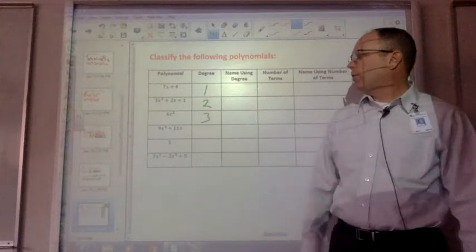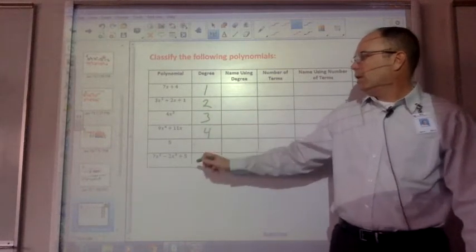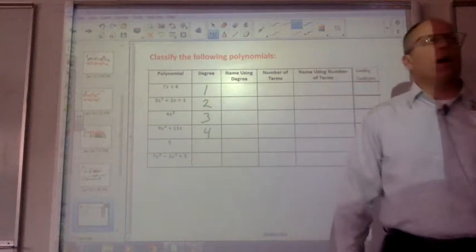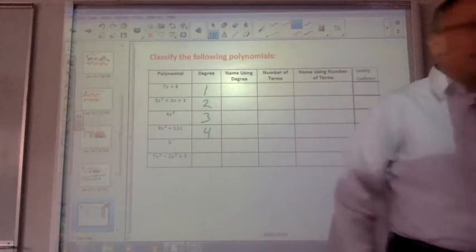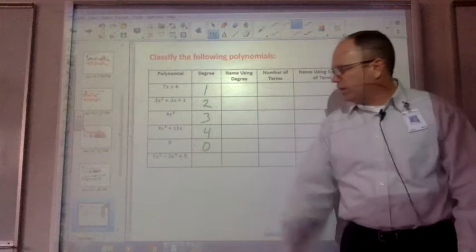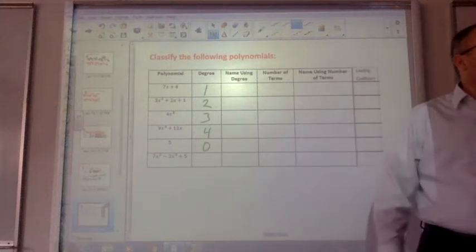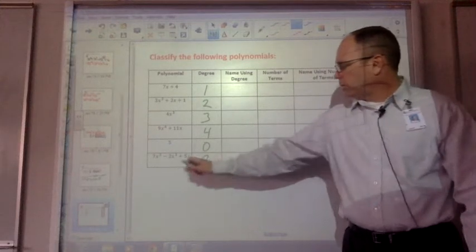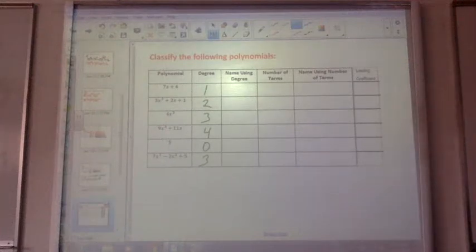What's the highest degree on the 4th problem? This doesn't have a letter there, so it's 0, because you'd have x to the 0, right? And then the last one is out of order, so what's the highest degree? 3. So let's just pause there. Make sure you understand why those work the way they do. Anything goofy about those that we need to cover a little bit differently?